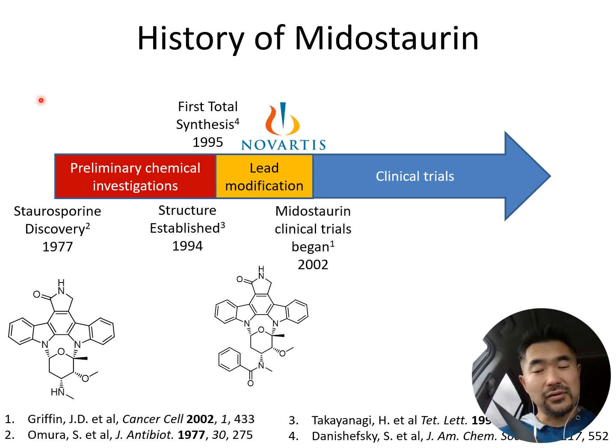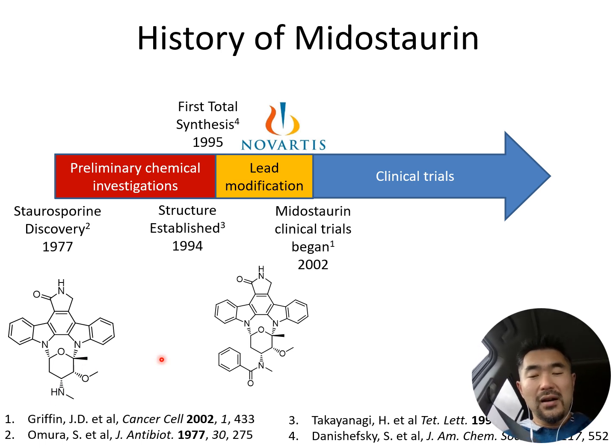What they did is, of course, lead modification, and I will talk about this in a tiny bit more detail, but I want you to notice that the compound they were pursuing after the lead modification work is a little bit different from the parent natural product.